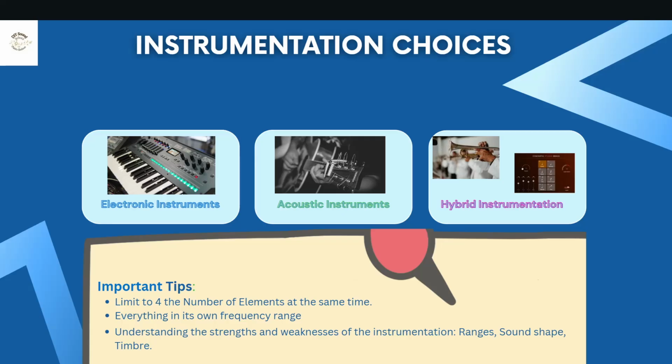I can use, for example, a section of strings, and I can actually add 3 or 4 violins and 2 violas and 1 cello on top of that, combine it in the mix, and that will create a very interesting approach. So you can actually experiment with that. If you have the ability to have some sample instrument, you want to combine it with an actual acoustic instrument, a real instrument being played by real players, do that, and you will be amazed how great results you can have.